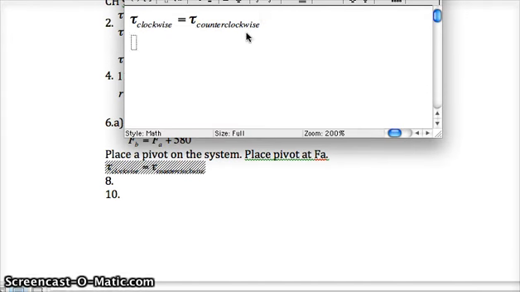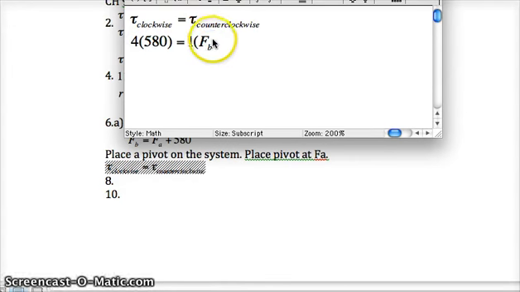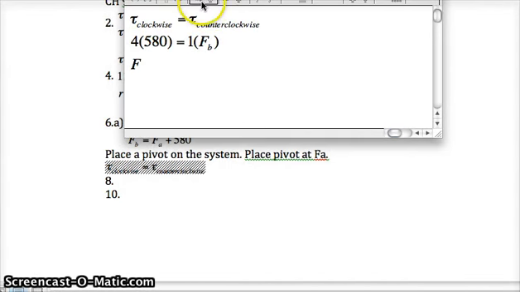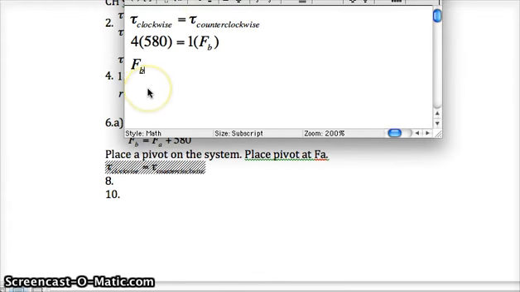The weight is 4 meters away, so we have 4 times 580. And FB is 1 meter away, so we have 1 times FB. So that gives us FB is just 4 times 580, which is 2320.